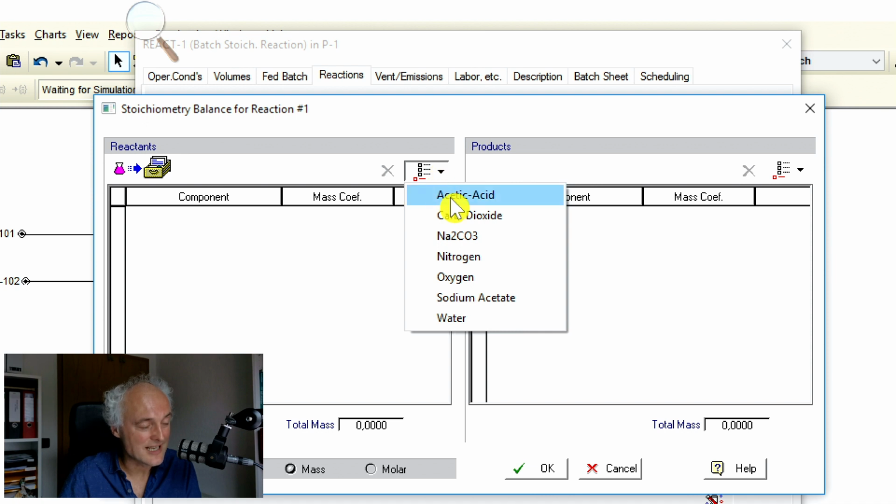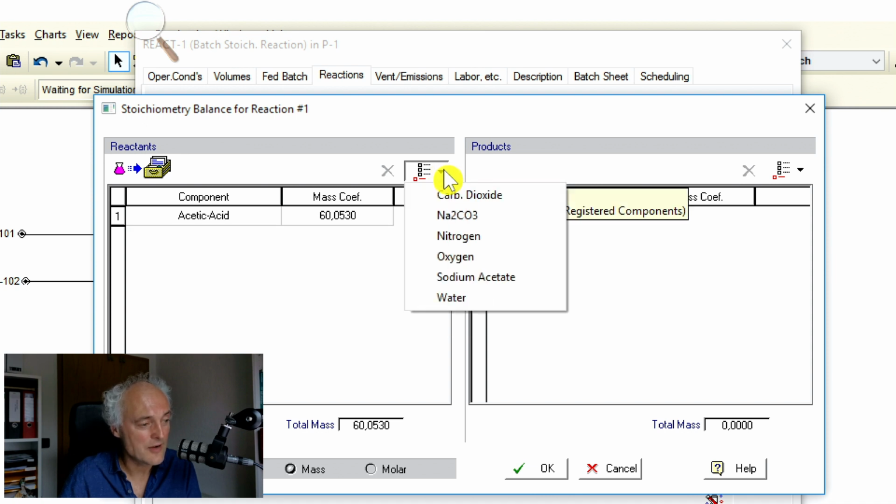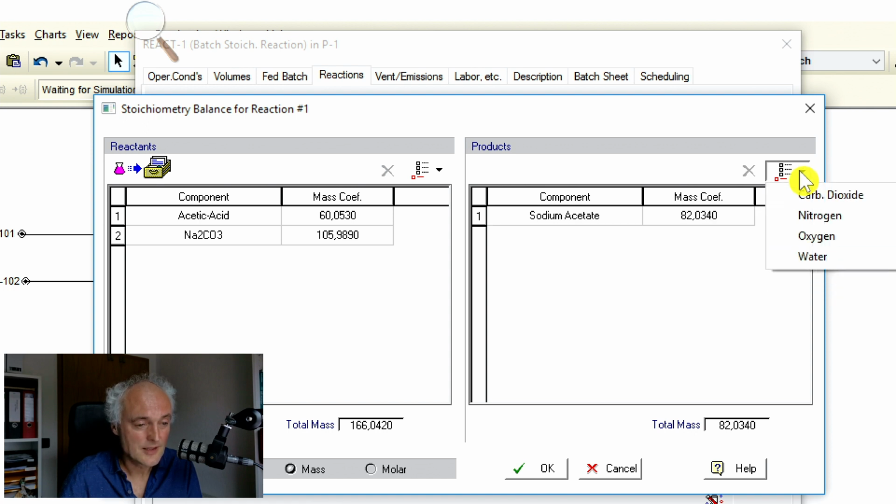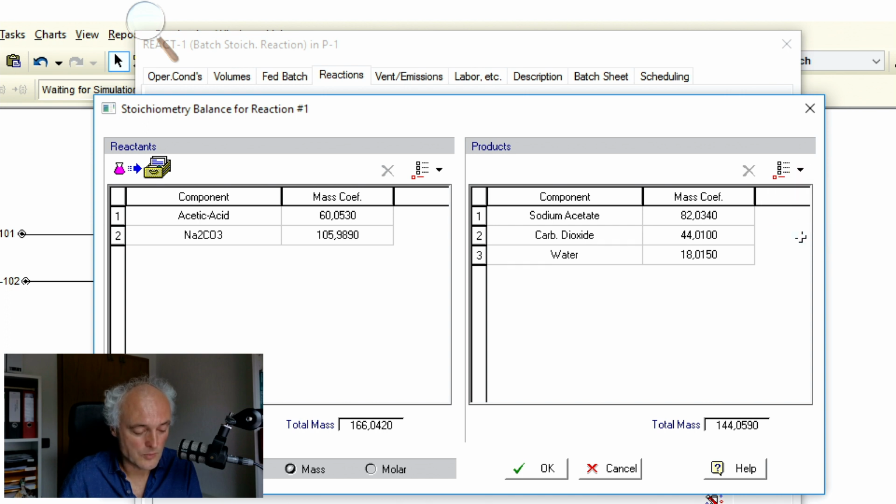And we have acetic acid, and we have sodium carbonate. It's not the water. The water gets in, but it's not involved in the reaction. It's not a reactant. It's a solvent. And of course, what we produce is sodium acetate, carbon dioxide, and water. So this is our reaction.